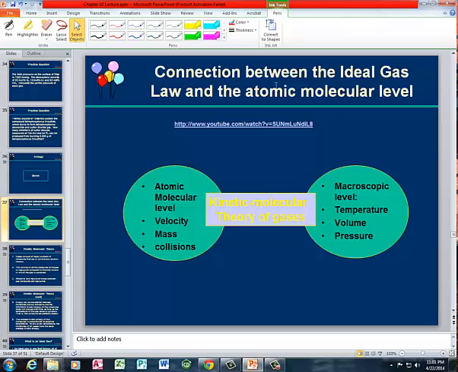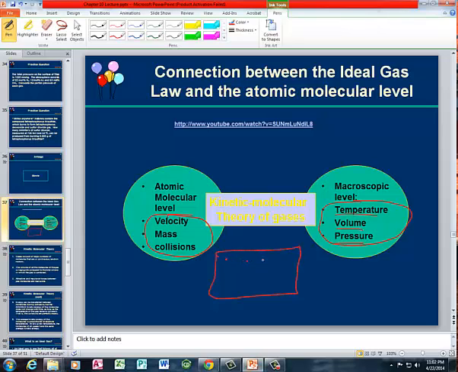Let's talk about the connection between the ideal gas law and the atomic molecular level. We use the kinetic molecular theory to go from the macroscopic level, where we simply measure temperature, volume, and pressure, to what's going on at the molecular level with respect to velocity, mass, and collisions. Here's what the kinetic molecular theory says.